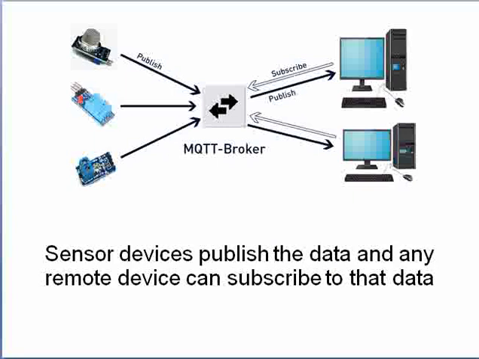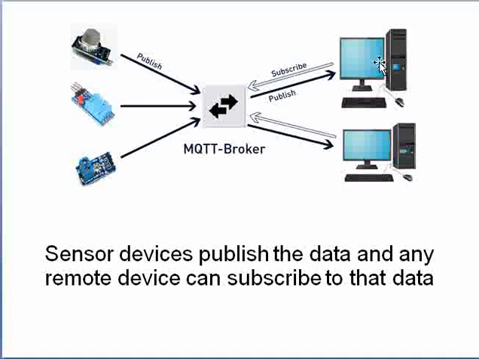So if you see the top image, we see that there are several sensors which are trying to publish some data to a device called the MQTT broker. And then on the right side, we have PCs which are subscribing to these messages which are being published, and then the MQTT broker further publishes the messages to the PC.